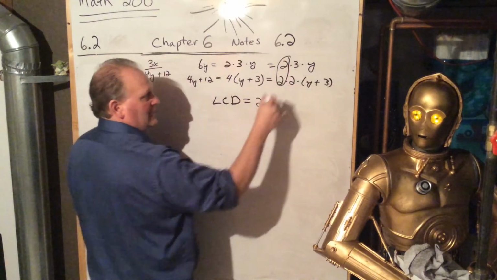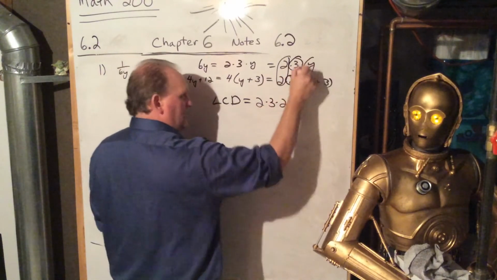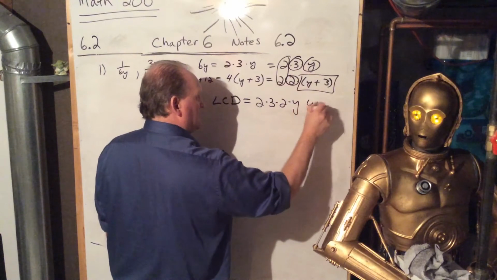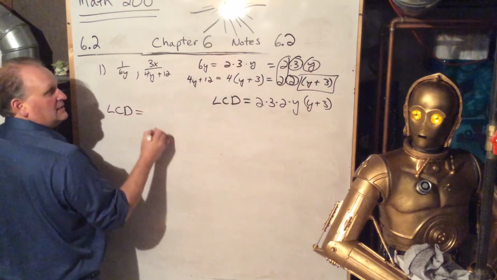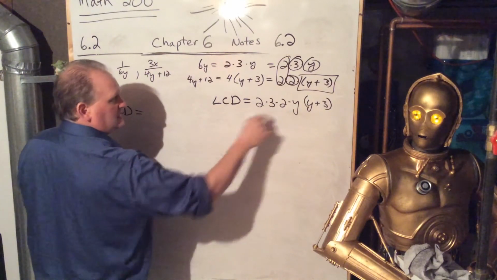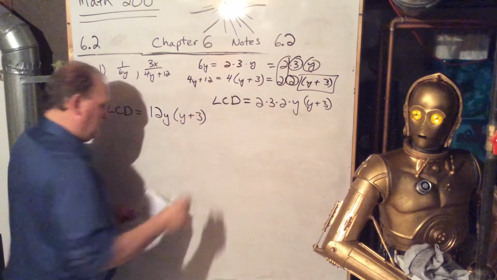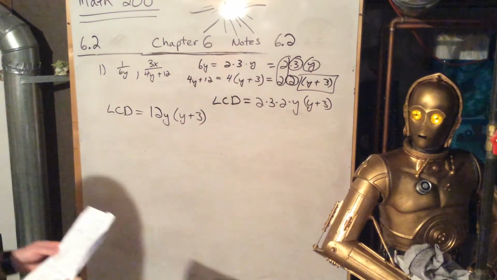So they only have one 2 in common, and then the rest count as leftovers. And so our LCD for this is 6 times 2 times y times y plus 3, or 12y times y plus 3. That's the LCD.